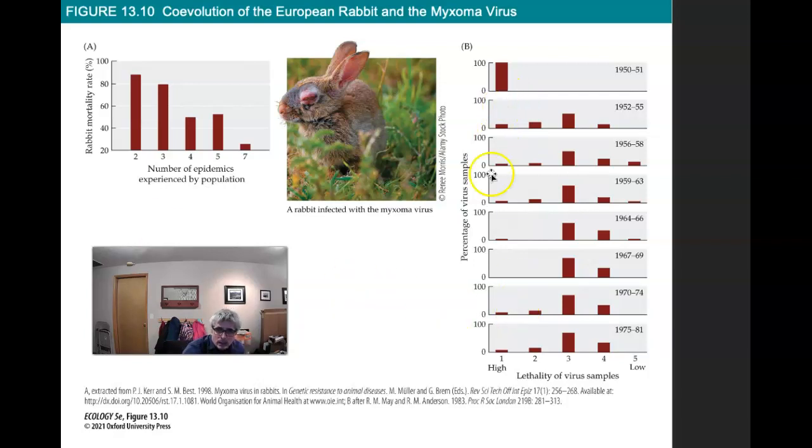This is the data from Australia. Which graph is this? B. And this is kind of a scale of low to high. And so when they first introduced the virus, it was extremely deadly, upwards of the upper 90s or so percent mortality.